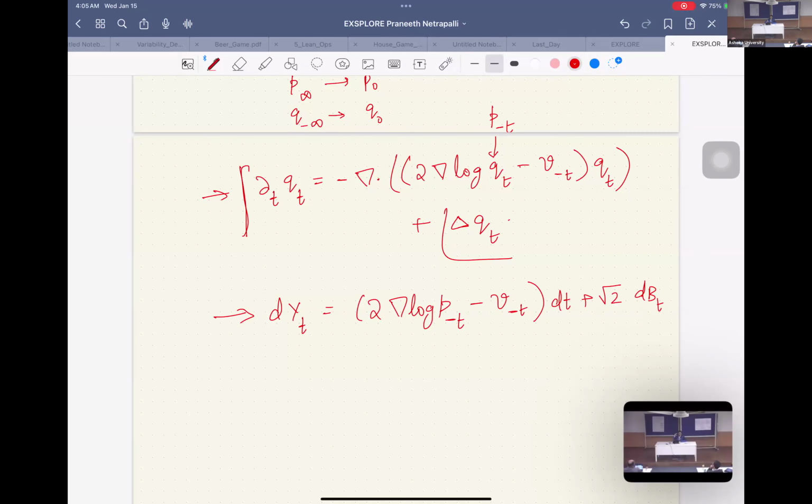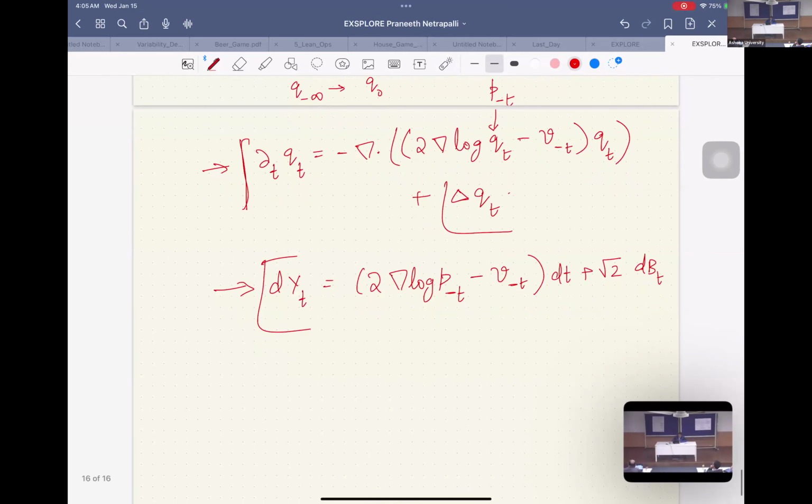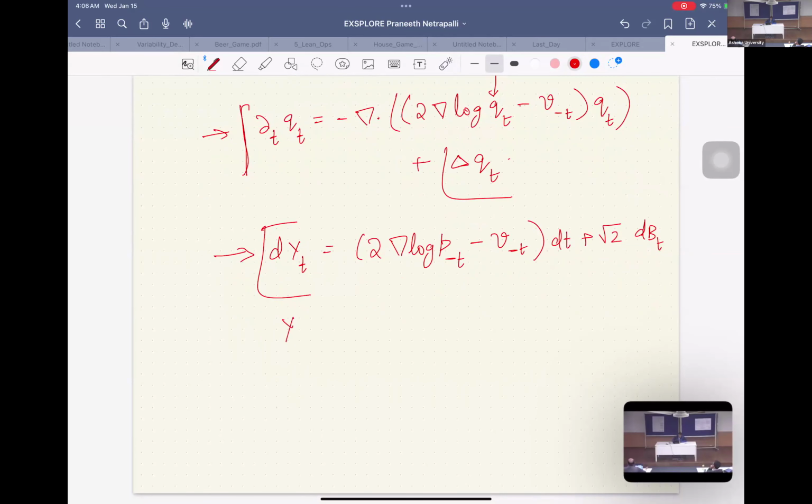So if we are able to do this, then what we know is that y 0 is p star, because we started with y minus infinity being Gaussian.